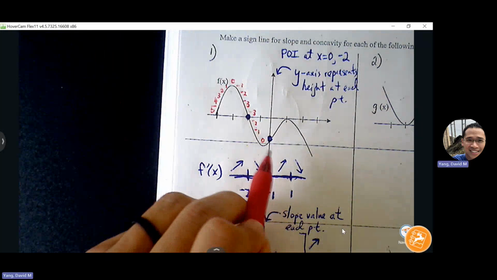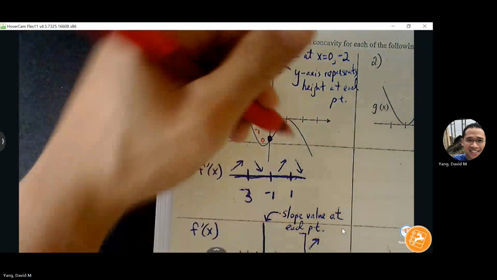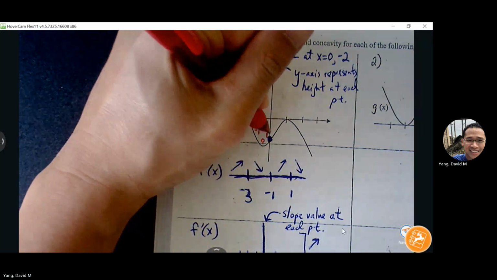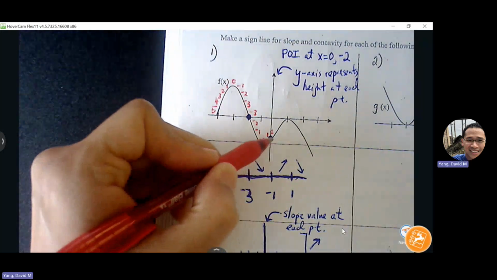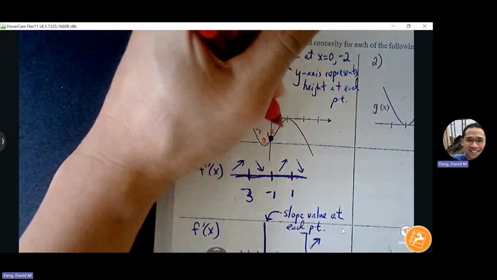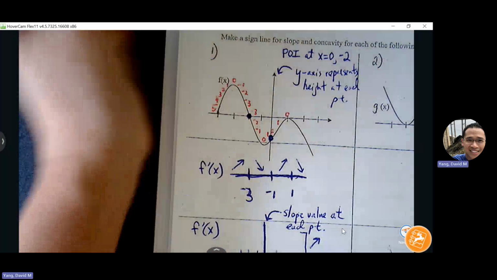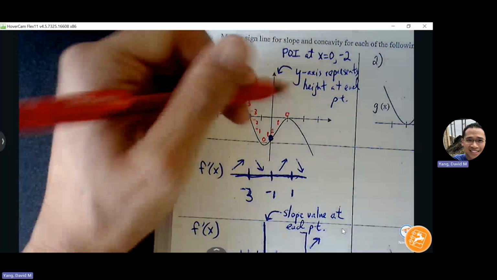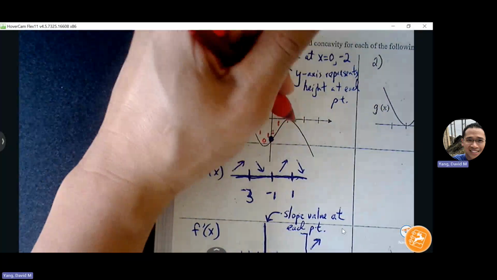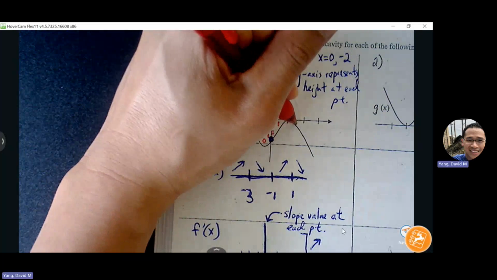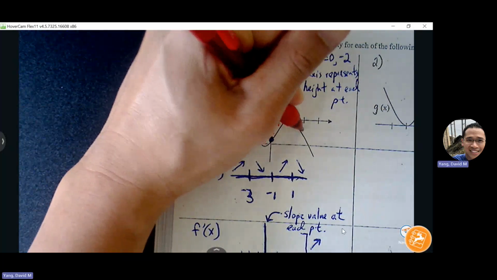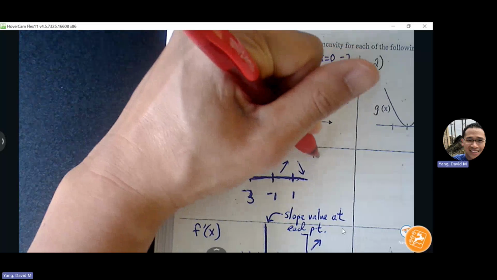And then let's keep going. 1, 2, but then it's going to start moving back towards 0, right? 1, 0. And then as I move to the right, it's going to decrease. -1, -2, -3, -4.